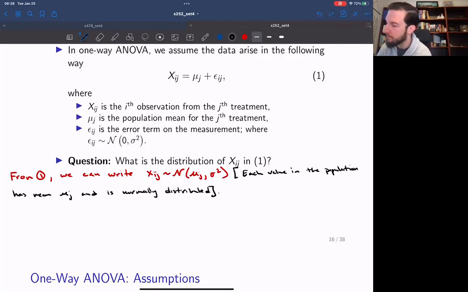So visually, this means that what we are assuming is that all of the data can be structured as follows.